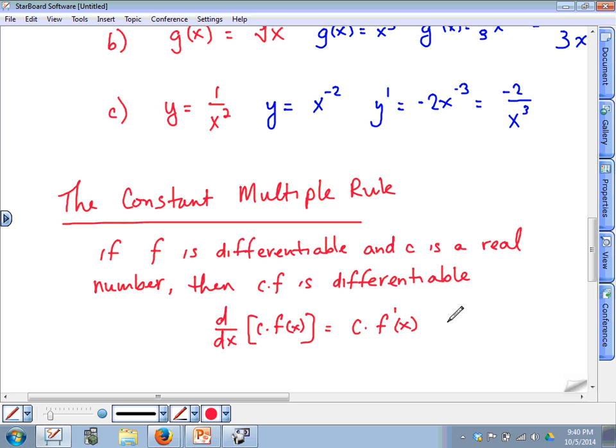So essentially what this says is you still find the derivative of f and you multiply it with that constant c. So the constant c really has no effect on the derivative. It multiplies the original function and it multiplies their derivative function as well.